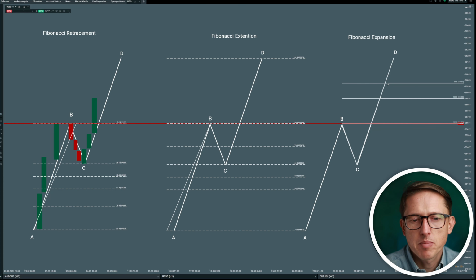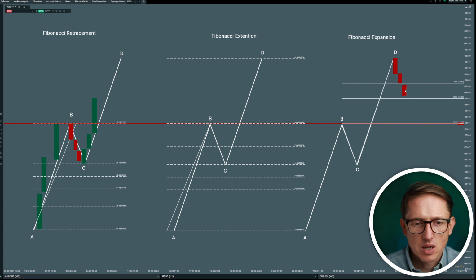So we are measuring BC from D, and now we are hoping that the market will be after certain fall. So let's say we have some red candles. The market is going down, and we want to see how far it can get, and it might get to one of these levels, of course.